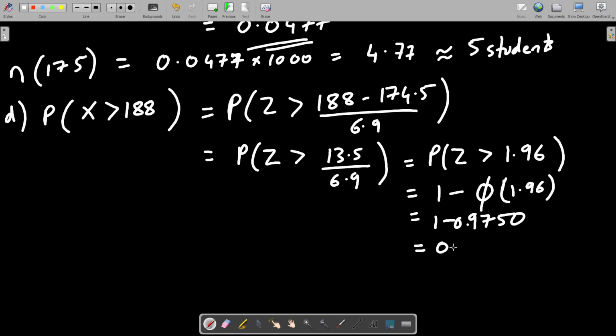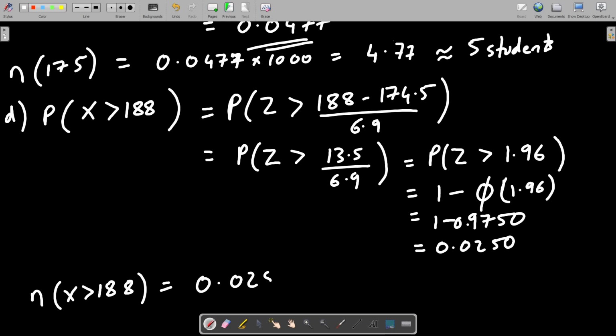So this is equal to 0.025. Okay, so number of students whose height is greater than 188, this is equal to 0.0250 multiplied by 1000. Okay, so this is the answer.